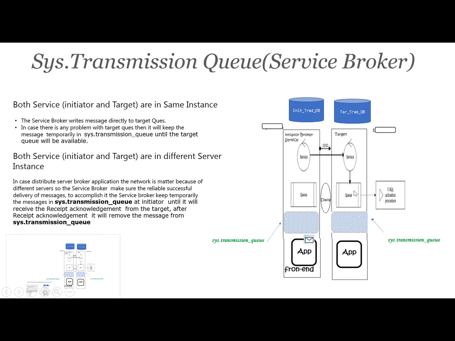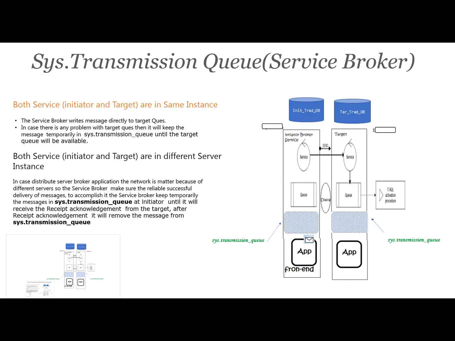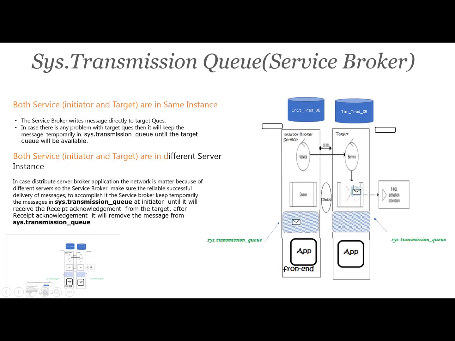It may be disabled. So in that case, when the message is sent, it will not go directly to the target queue. It will stay in the system transmission queue, and when the problem is solved, it will be automatically delivered from the system transmission queue to the target service queue.